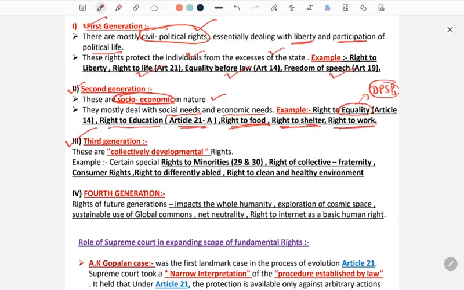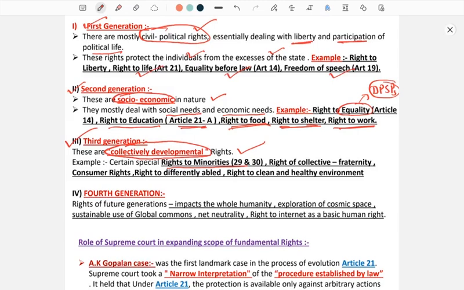Coming to the third generation, these are collectively developmental rights. For example, rights to minorities, Article 29 and 30. We have some rights related to the minorities, for linguistic minorities and also for religious minorities.